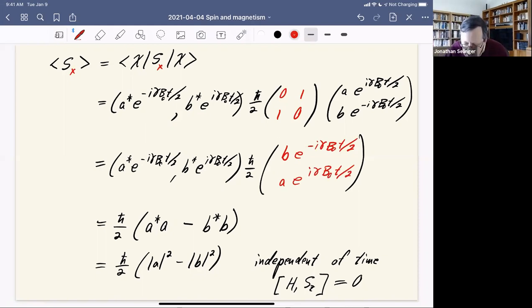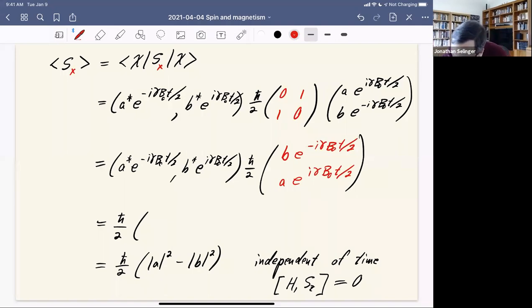Now I will multiply out the row vector times the column vector. We have the top times the top.